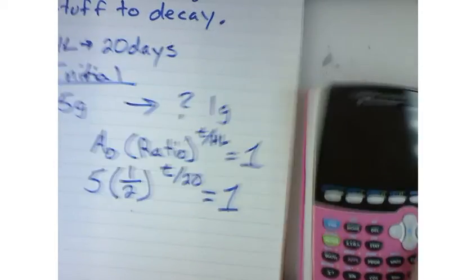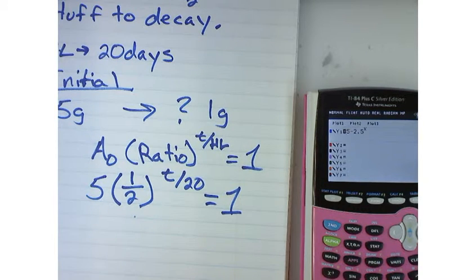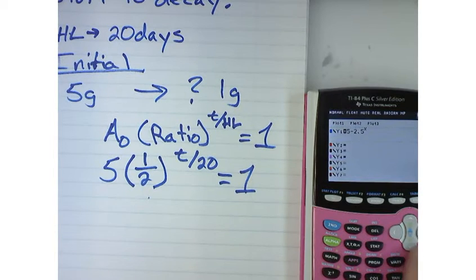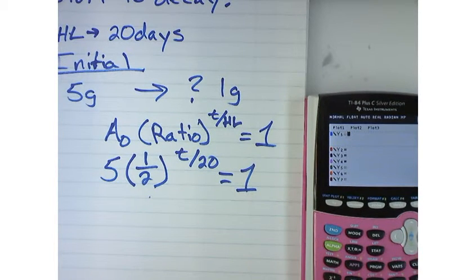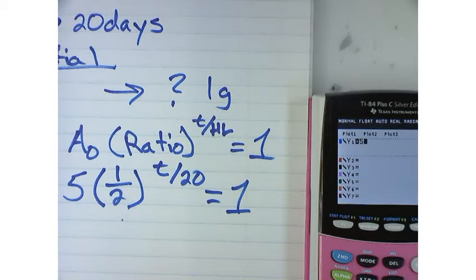So one way to do this is if I come in here and I just graph the function. Now the function is actually 5 times, in parentheses, 1 divided by 2 raised to the, and I'm going to use x instead of t, divided by 20. That's my function, right?